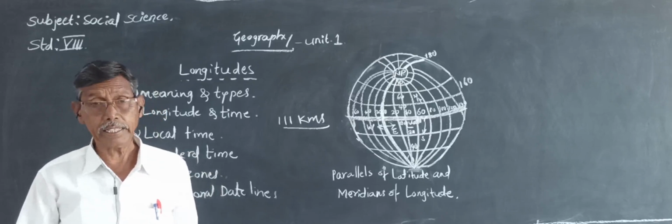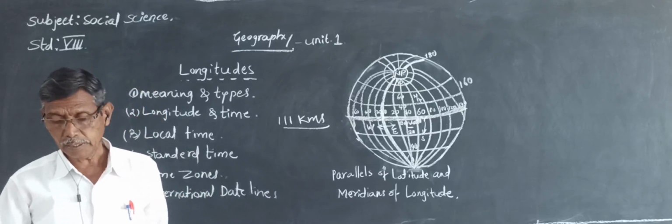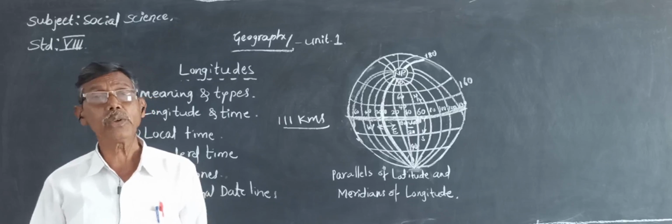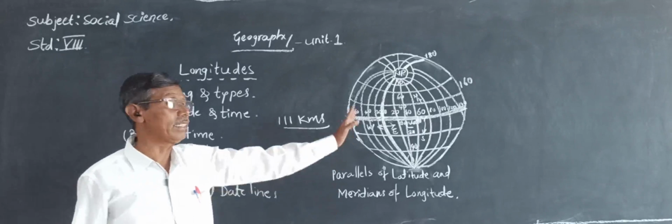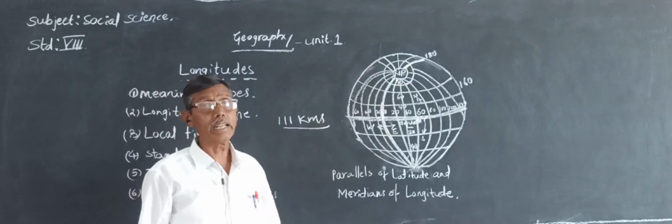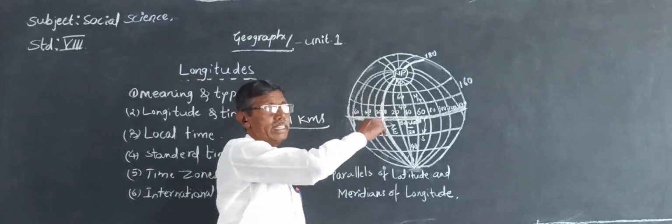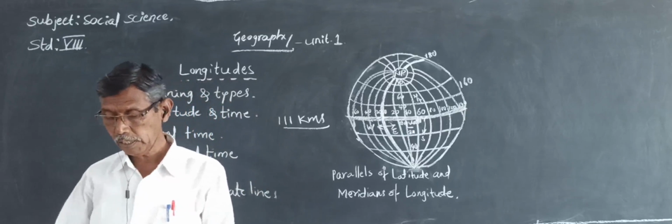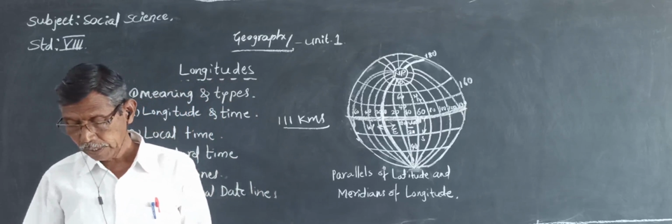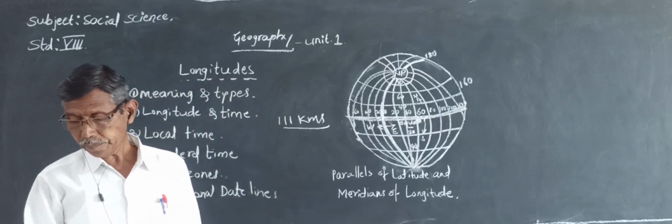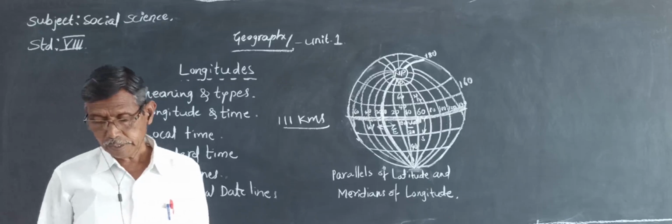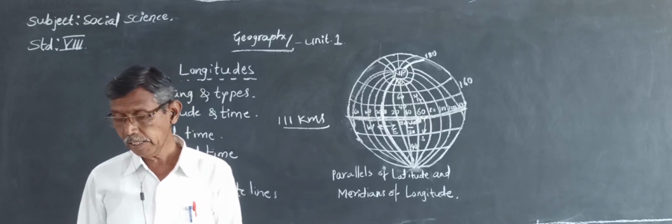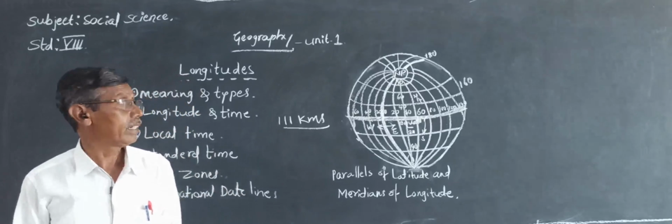When the sun is shining vertically over any particular longitude, we say that it is 12 noon. Now, all places situated on the same meridian have the same local time.